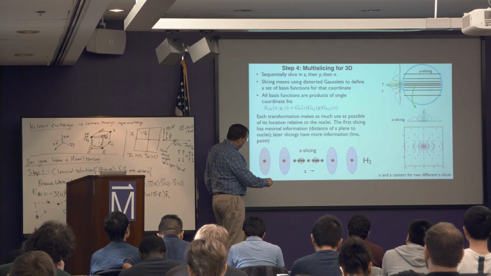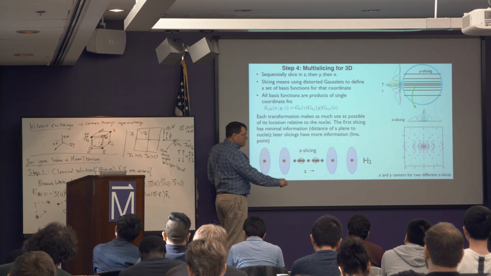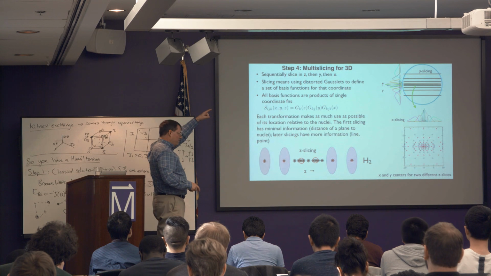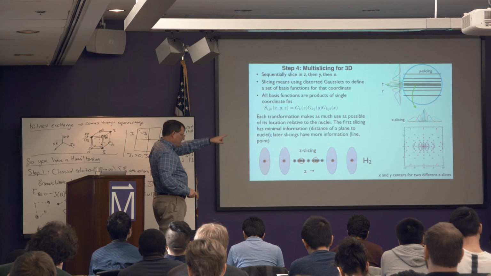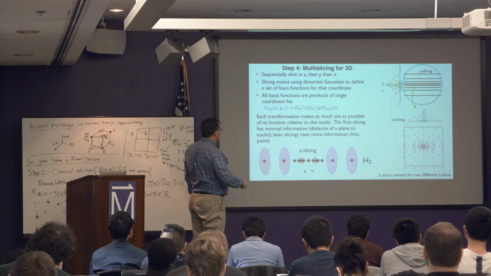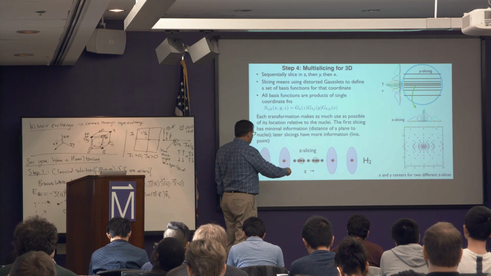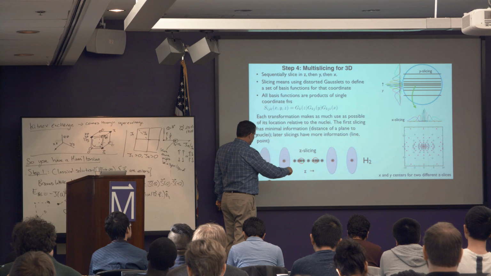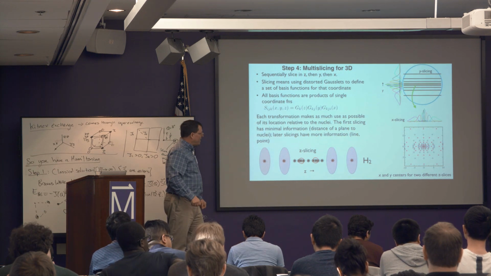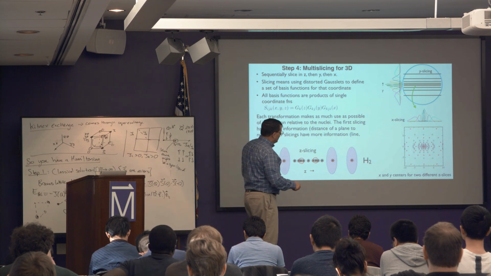We bunch up the functions near this atom and near this atom and spread them way out there. Then we make a grid in the y direction. So we come up in this direction. And when we're on this slice, we use a fine grid because we're still near the nucleus, but everything is coarse along this direction. Okay, so that's what we call multi-slicing.